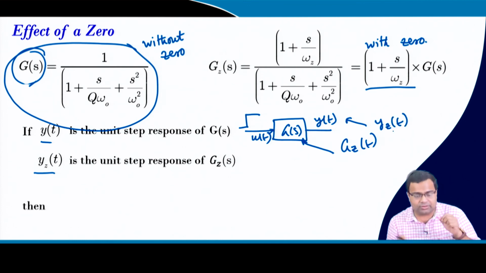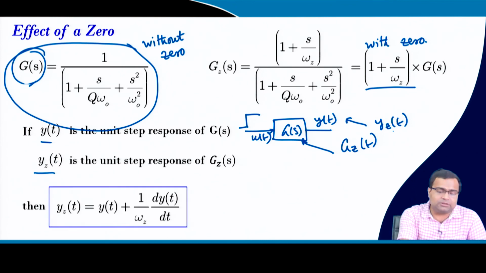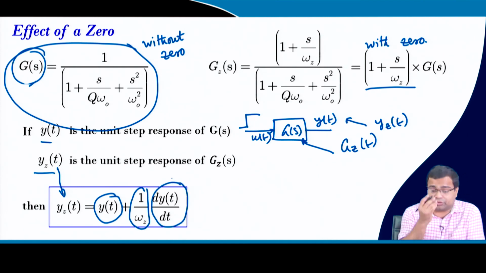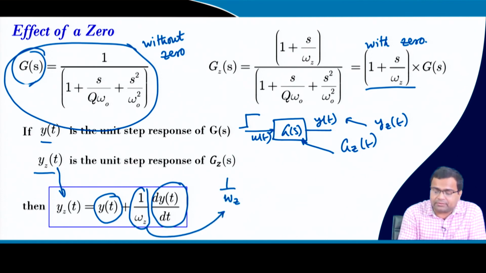It can be shown that the response with 0 is the response without 0 plus 1 by omega z times the derivative of the response without 0. This 1 by omega z term comes from our 0 location, which is omega z.